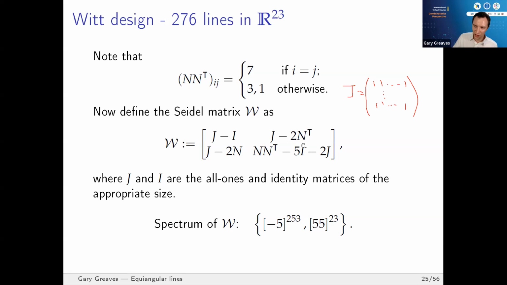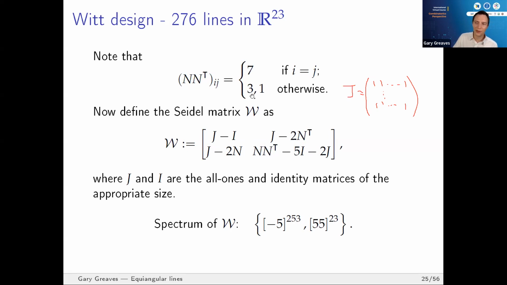And then we have this expression in the bottom diagonal. That's N times N transpose minus 5 times identity minus 2 times J. So first of all, the diagonal of this is 7, but then we subtract 5. So now the diagonal is 2. Then we subtract 2 from here. So now the diagonal is 0.